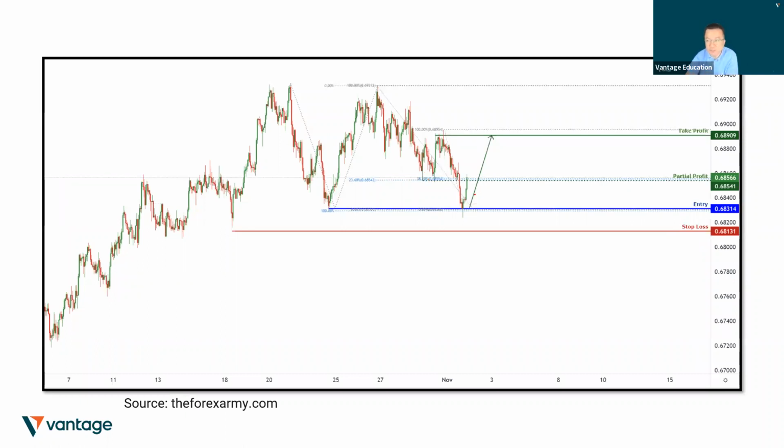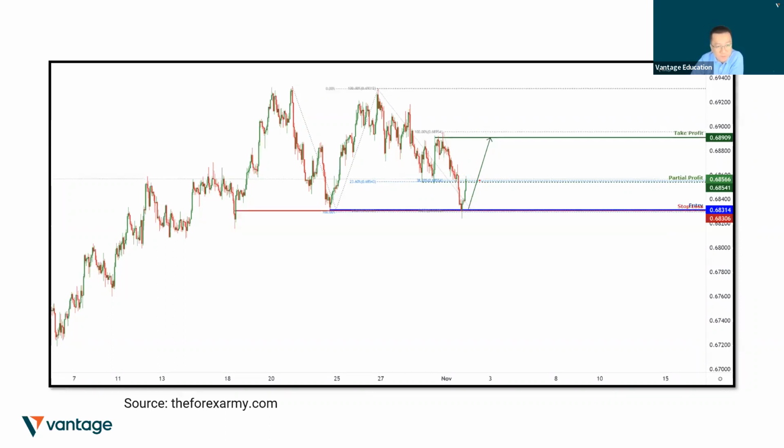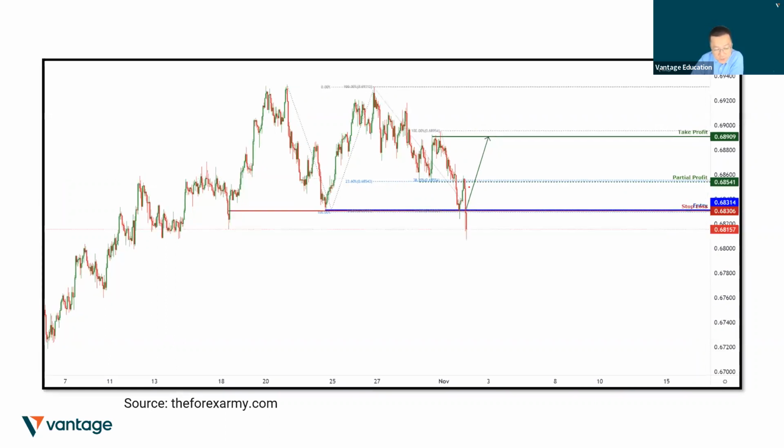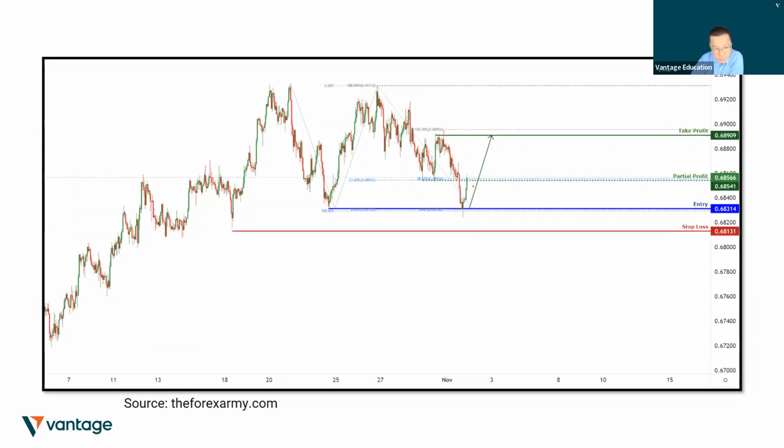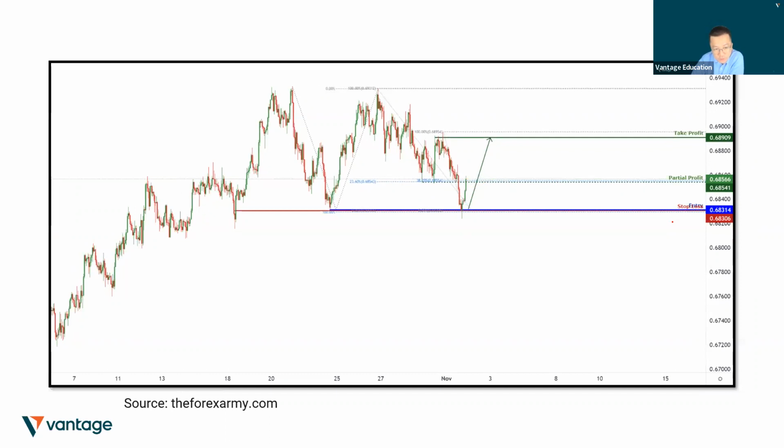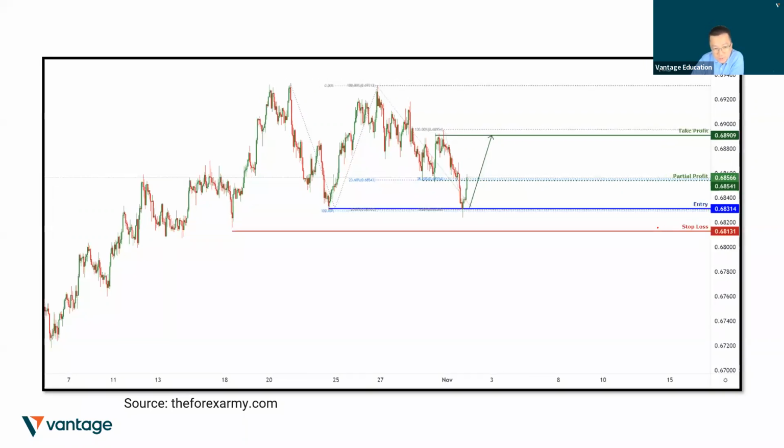So you can see in this case, price bounces back up, hits that hesitation level or the partial profit level, where you could be closing out part of the trade before it turns back down. You would not just close out partial profits, you would also move your stop loss up towards entry.